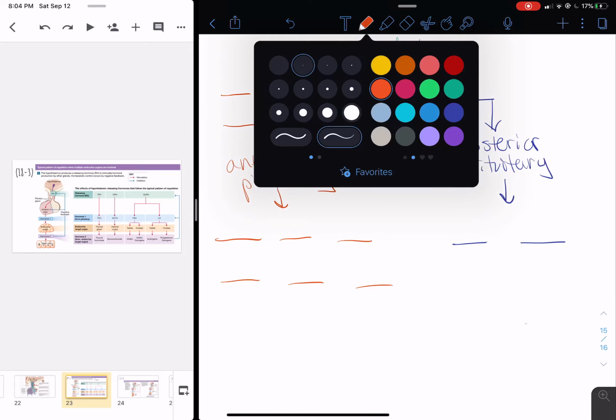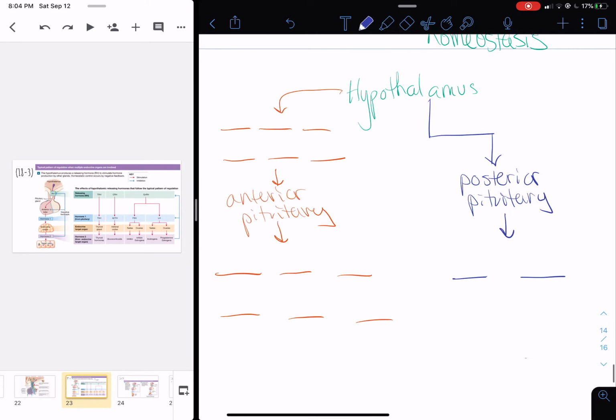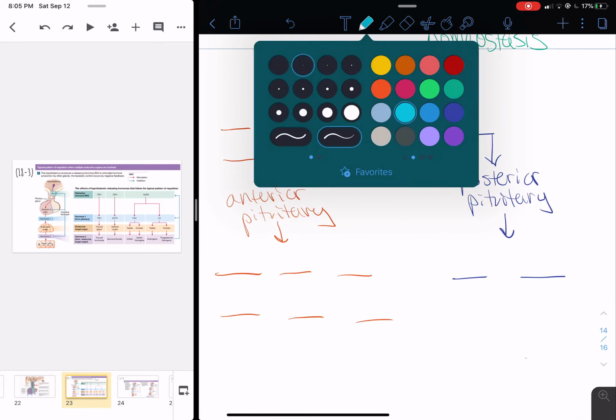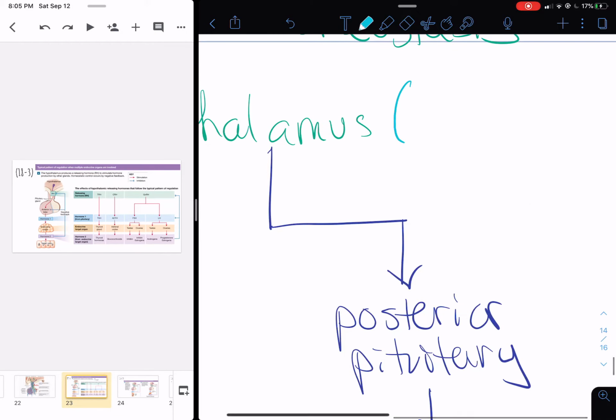So let's go ahead and start with the posterior pituitary since there's less of that. The hypothalamus will respond to either low blood pressure or labor, sex, love, I don't know, all that stuff.